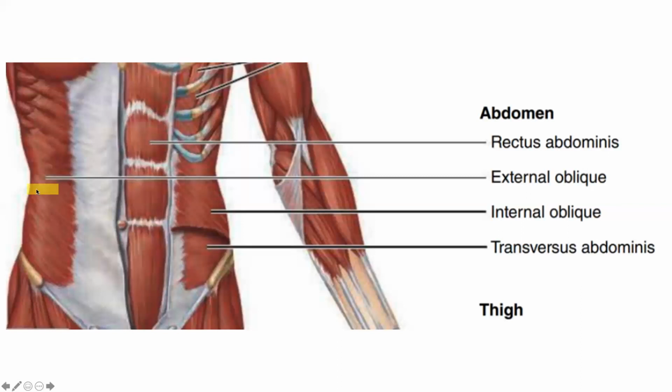If we look more carefully, once the external oblique muscle gets around the mid-clavicular line, it becomes a white structure. Here we can see the muscular layer, and now more towards the center, we can see the white fascia layer, which we call aponeurosis. This aponeurosis is coming from the external oblique muscle.